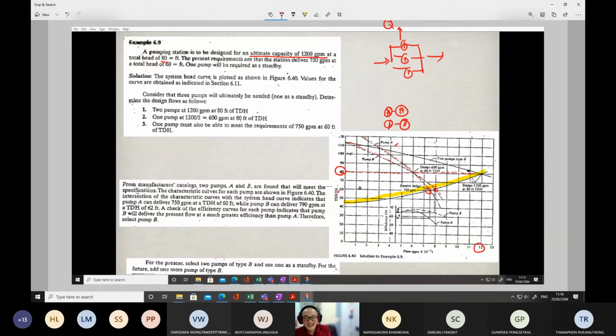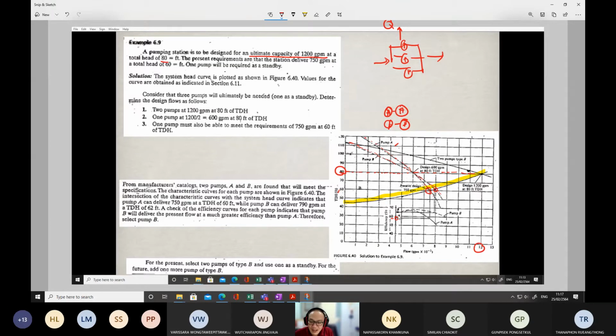But the thing is, these two pumps may not produce satisfactory efficiencies. For pump A, if you really look into the pump curve, the efficiency is less than 60%.